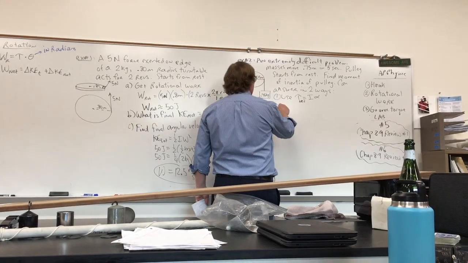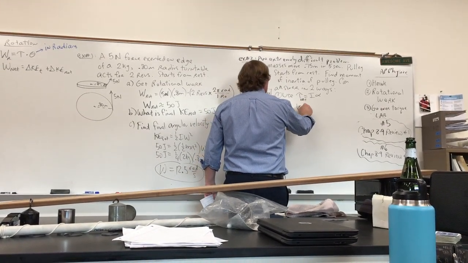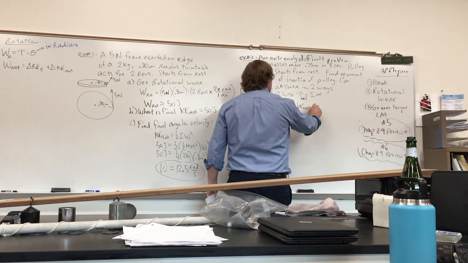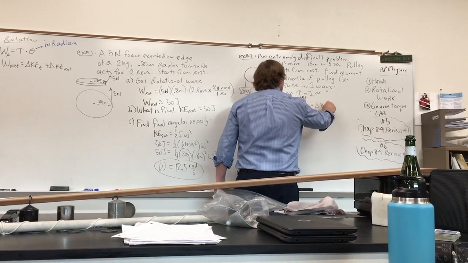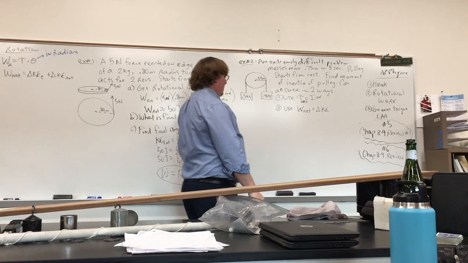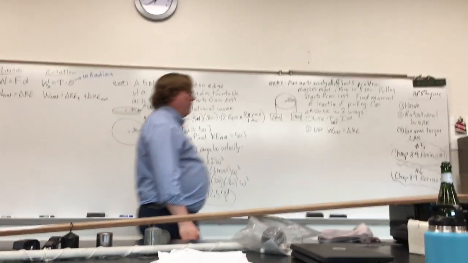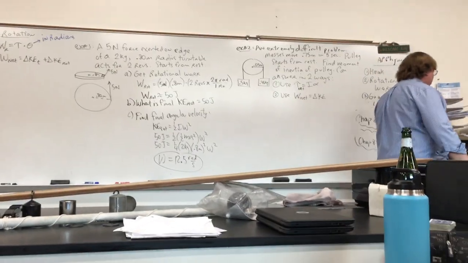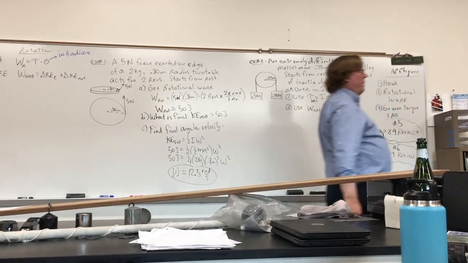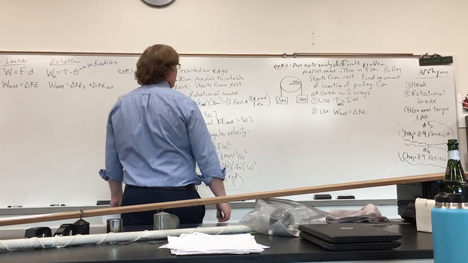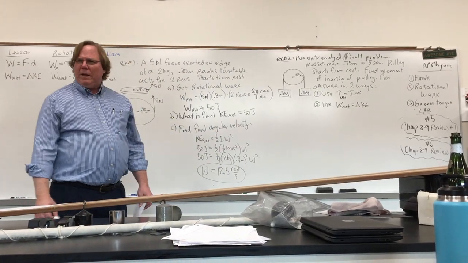And the other way to do it is to use the net work done on the system equals the change in the kinetic energy of the system. That's 2 ways to do it. And in our remaining 13 minutes together, I'm hoping to show you both ways to do this.